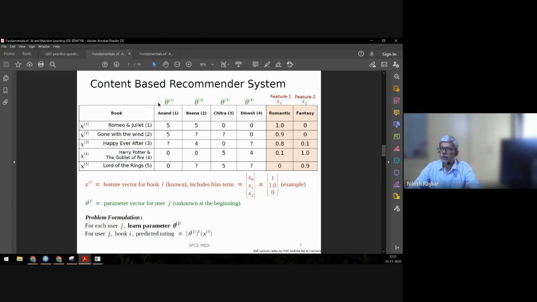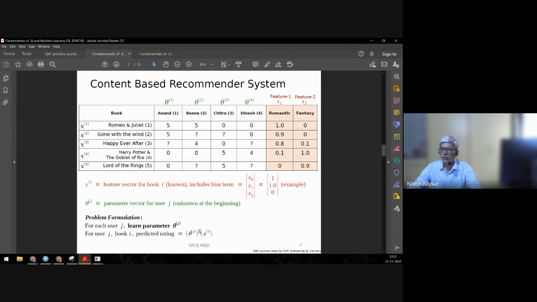There is another vector, which is the user parameter vector. The user interests or user preferences are captured in this vector. This theta vector is again for the individual person, and the rating given by a person for a particular book is given by the inner product, or dot product, of these two vectors.